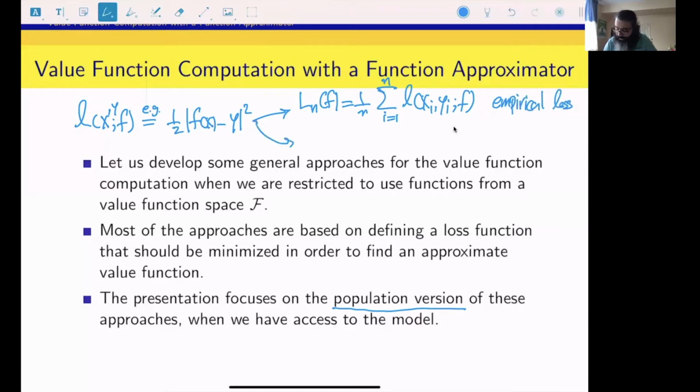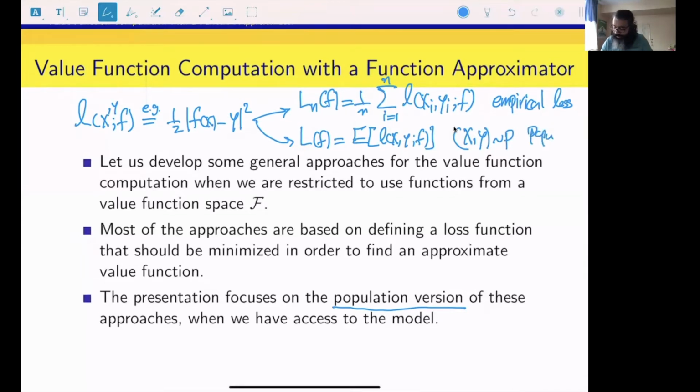And the population version is when we have the expectation, when x and y are coming from, say, the true data distribution. So this is the population version. And I'm going to talk about these types of loss functions or methods.